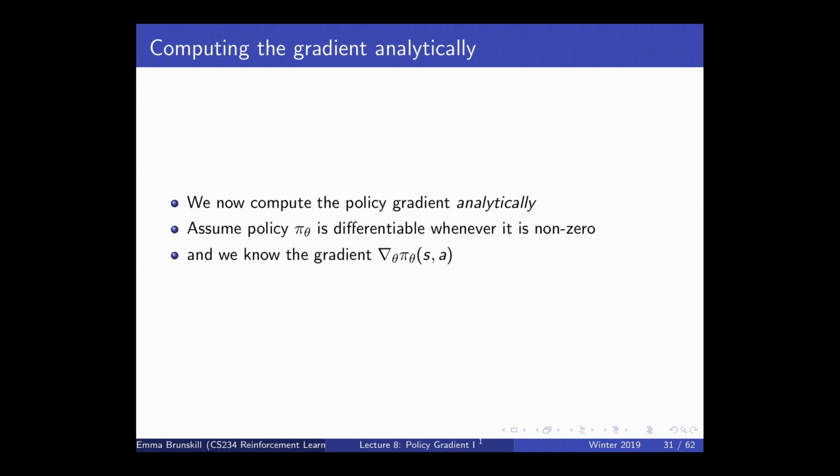We're going to assume it's differentiable wherever it's non-zero, and that we can explicitly compute this. So when we say we know, that means this is computable. And so now we're going to be thinking only about gradient-based methods, and we're only going to converge to a local optima. Hopefully we'll get to a local optima. That's the best we can hope for in this case.